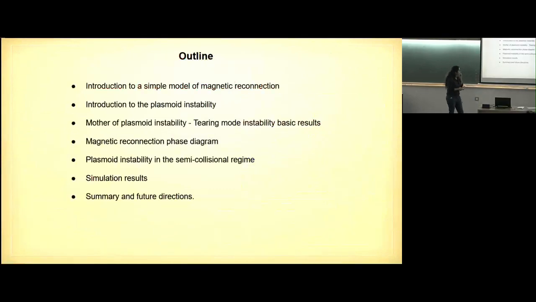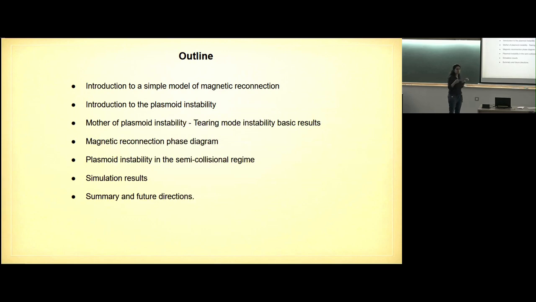So the outline for today's talk is the following. I've already introduced you to how reconnection happens. I will describe it via a simple model. Then I want to talk about the latest major development in this field of reconnection, known as the plasmoid instability. Then I will introduce you to the mother of plasmoid instability, called the tearing mode instability.